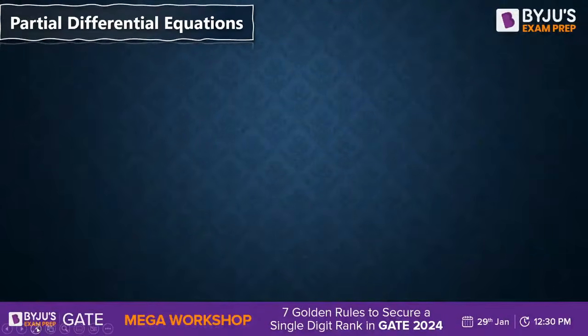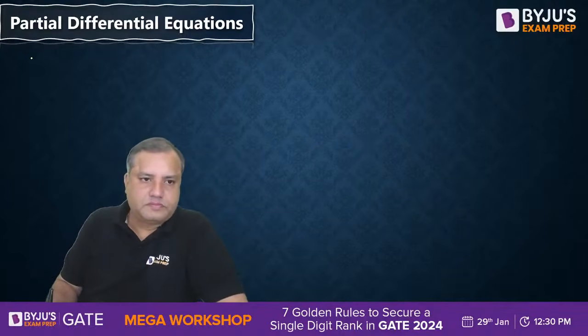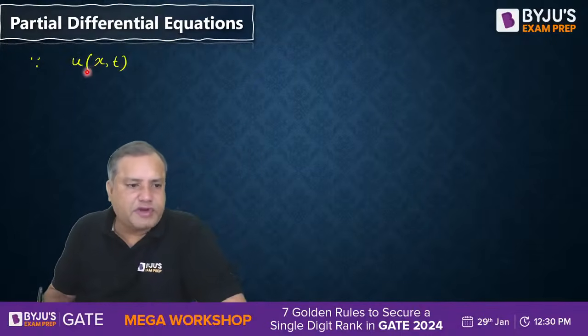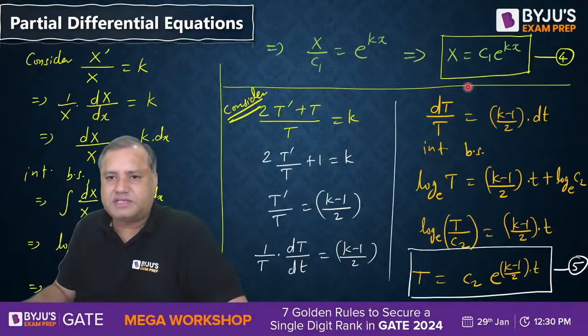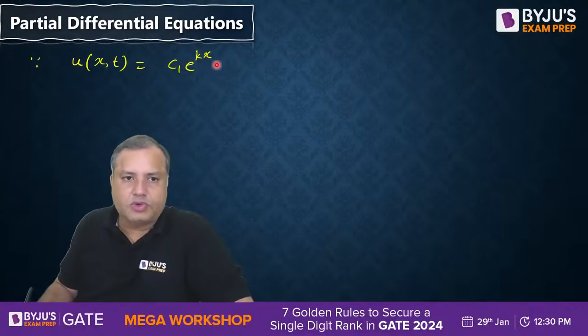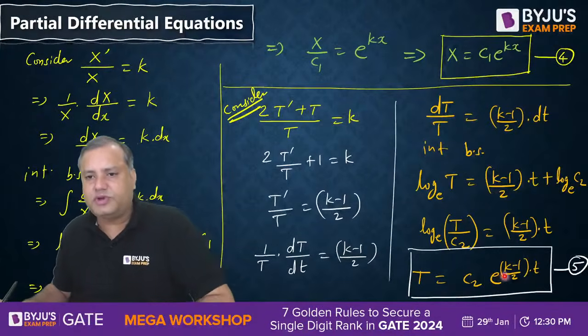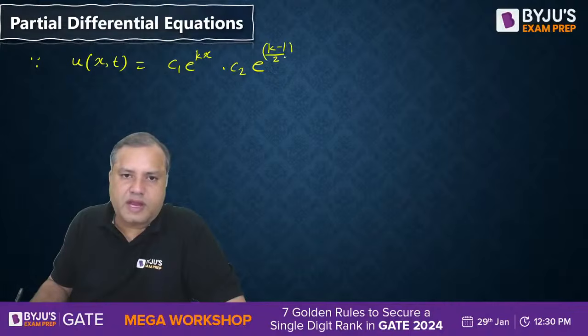Now see here. u is nothing but the function of small x and small t, which is capital X into capital T. Capital X is C1 e raised to kx into capital T. Capital T is C2 e raised to k minus 1 by 2 into t.